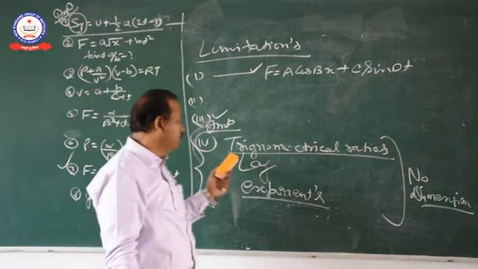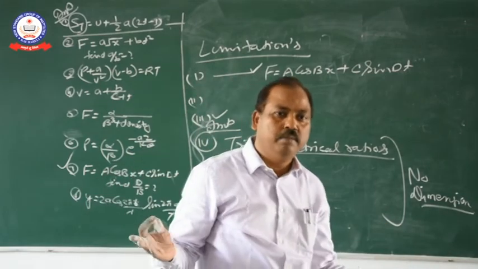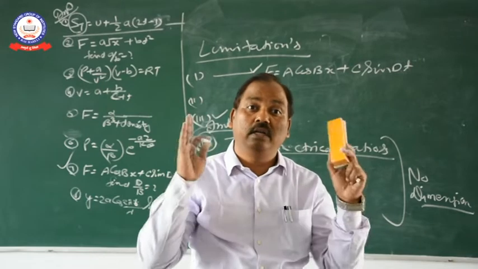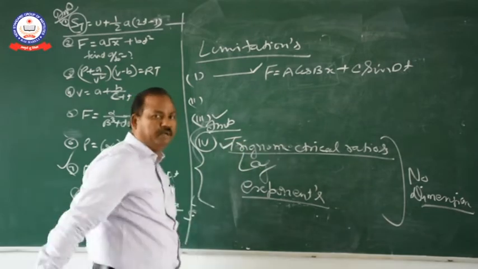And you know the trigonometrical ratio has no dimension, meaning trigonometrical ratios are dimensionless. We are using this limitation.